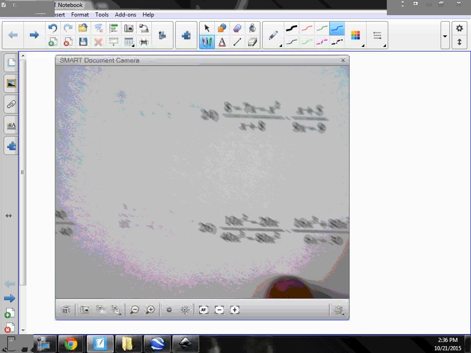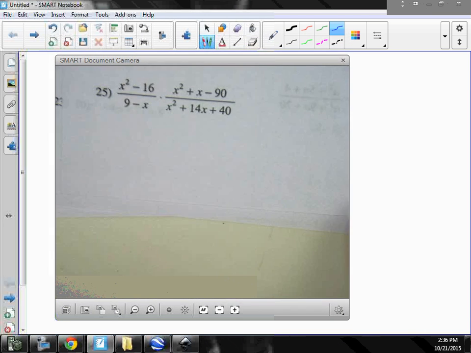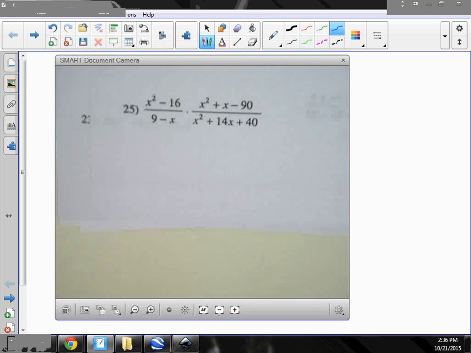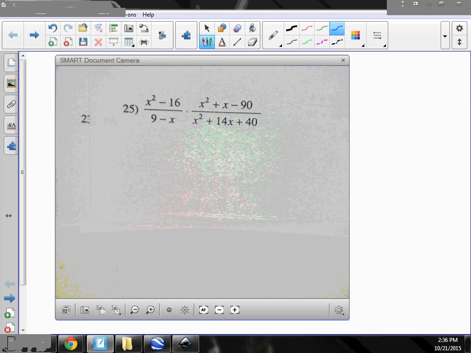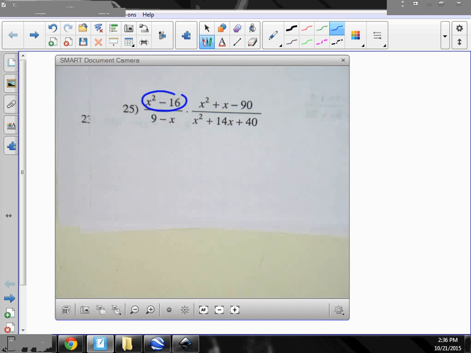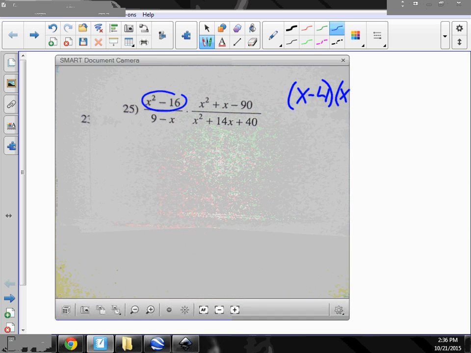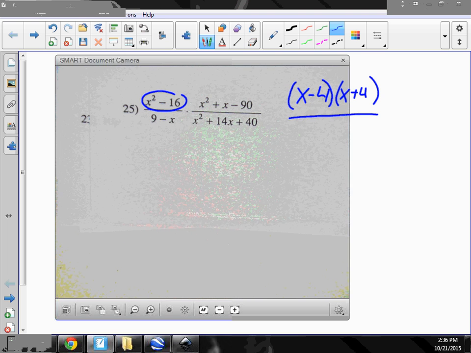Let's do 25. Does this first numerator factor? X minus 4 and x plus 4 over 9 minus x.